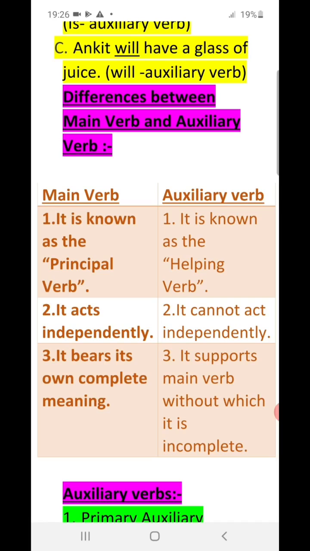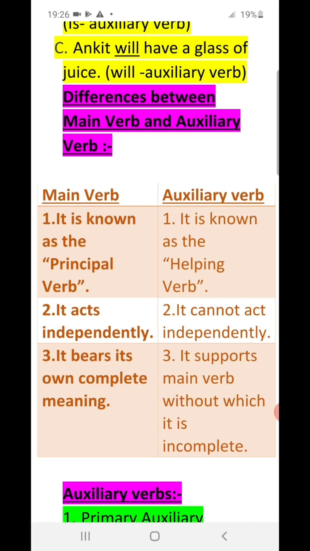So, main verb has a specific meaning of its own, whereas auxiliary verb will have its existence only when it is helping the main verb.